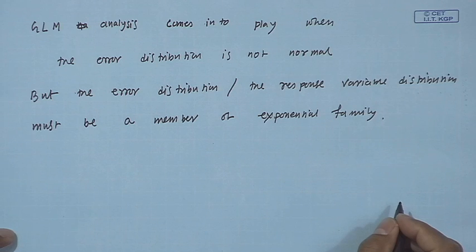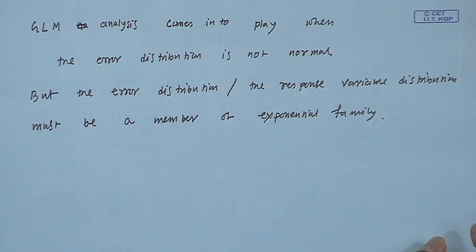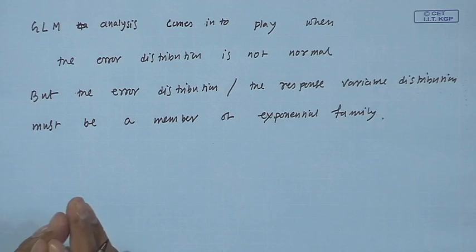Okay. So, this should be clear: this generalized linear model is applied when the error distribution is not normal, but the error distribution must follow a distribution from the exponential family. Like we learned in the previous class, the normal distribution, of course, falls in the exponential family, and then binomial, Poisson, gamma, exponential, negative binomial, they are all in the exponential family.